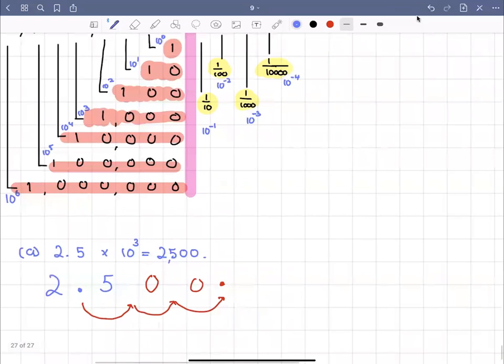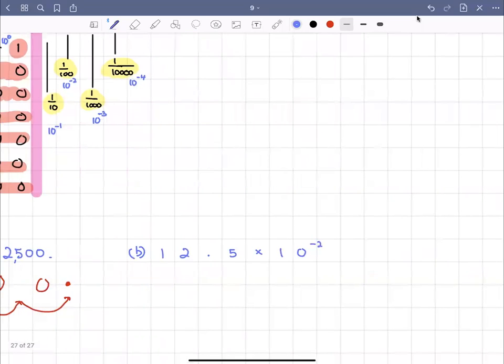What if I multiply by something with a negative power? 12.5 multiplied by 10 to the power of negative 2. In detail, it's 12.5 multiplied by 1 over 10 squared, and then 12.5 multiplied by 1 over 100.